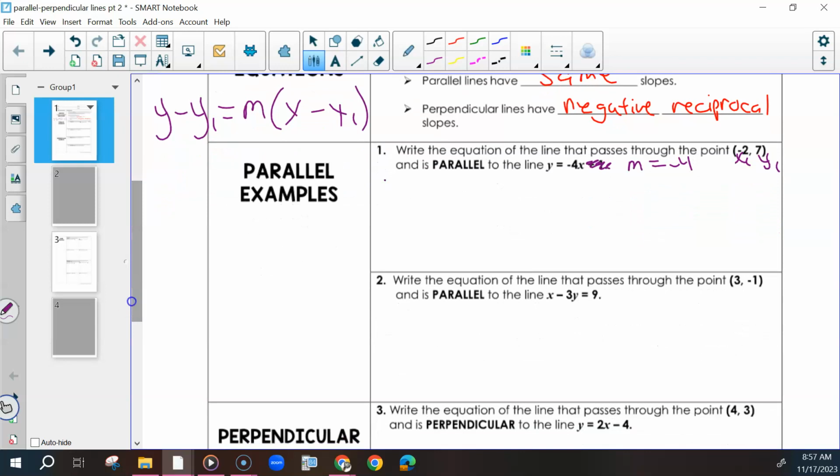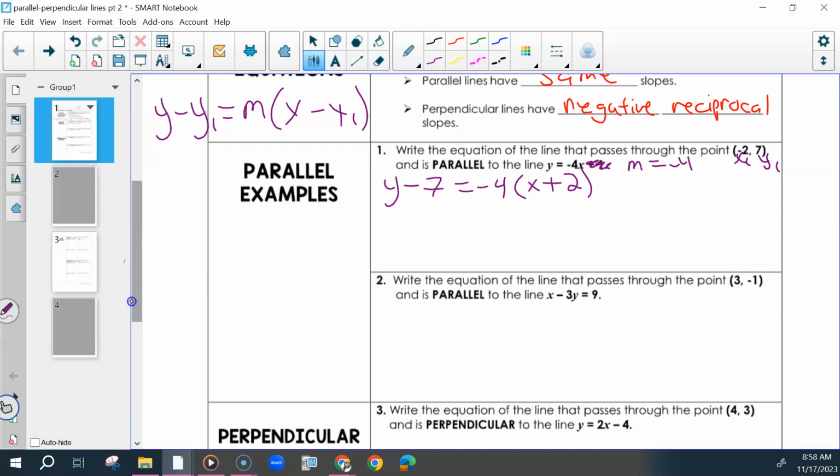And it would look like y minus our y1, which is 7, equals our m, -4, times x minus -2. You can either put -2 or just immediately change it to a plus. So previously I had you put minus a negative and then we would change it. You could just change this to a plus, or if you need to see it, you can still put the minus and then change it to a plus.